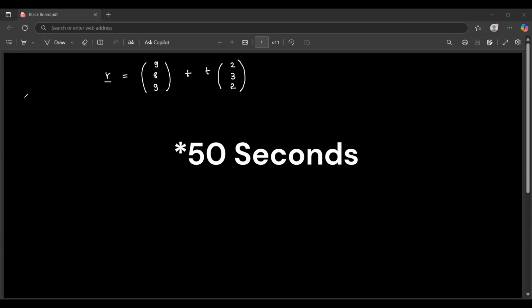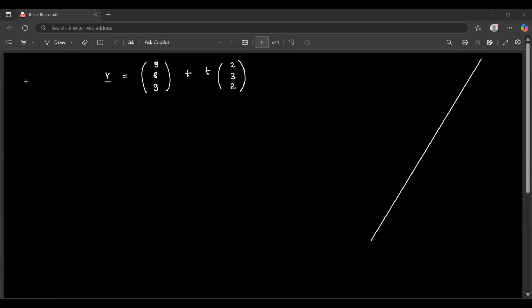Well, if I draw a straight line, and when time t is equal to 0, the particle will be at, let's say, A. A can be given as (9, 8, 9). And when time is equal to 50 seconds, let's say that is particle B. Then I have to find the position vector of OB.